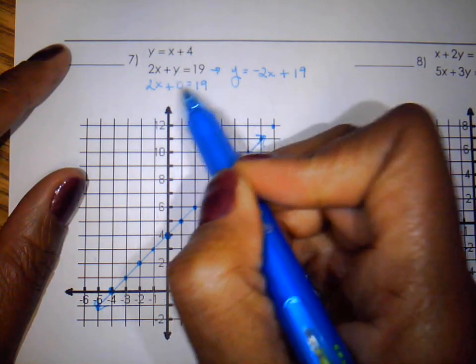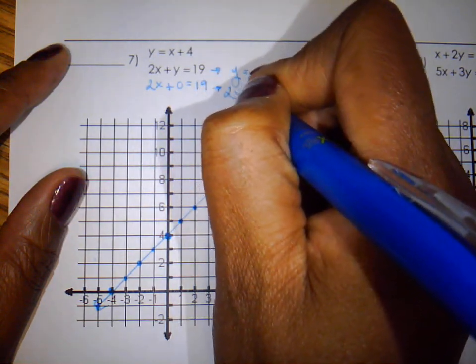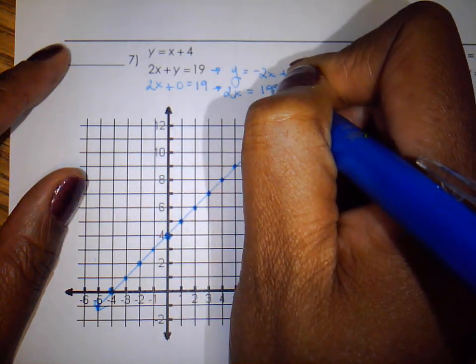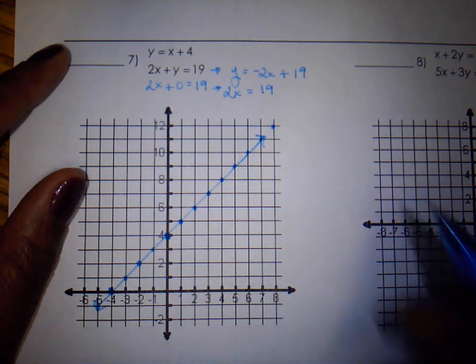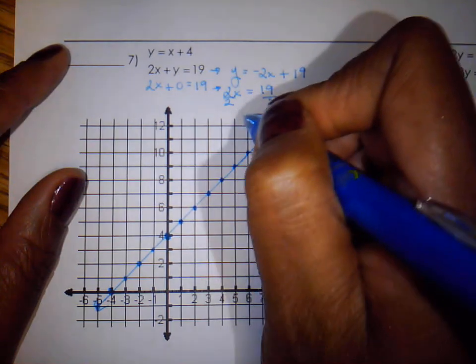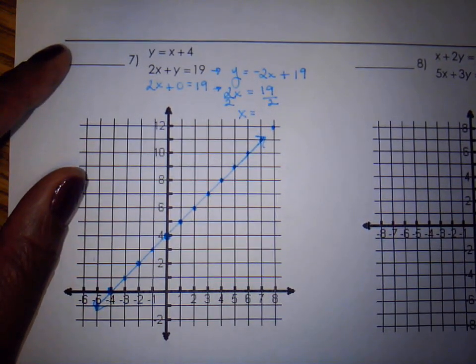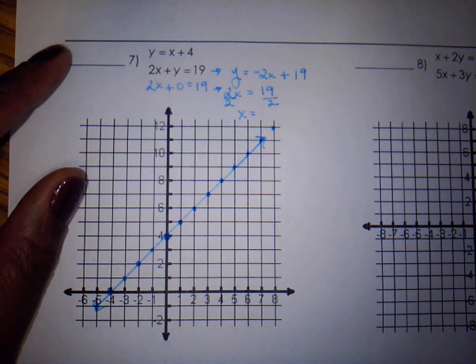So with that 0 not being there, all I need to say is just 2x equals 19, right? So when I divide both sides by 2, I get that x equals, now I normally don't allow decimals, but we're going to rock with a decimal real quick, okay?